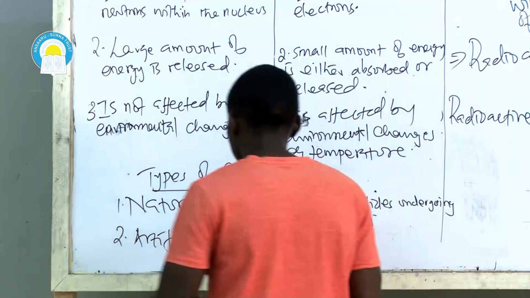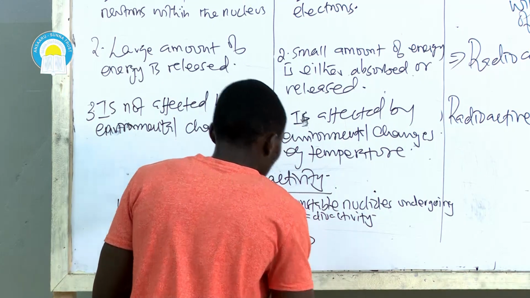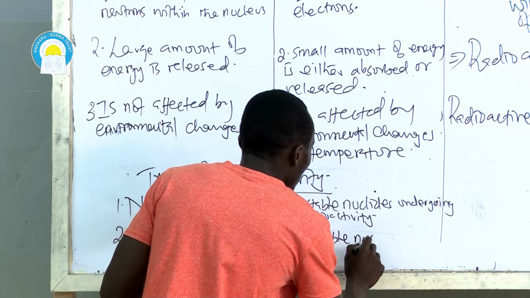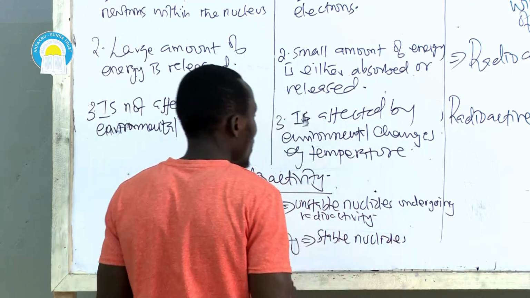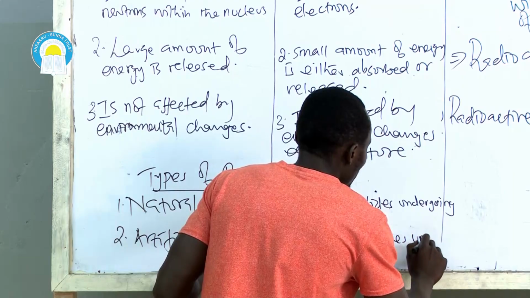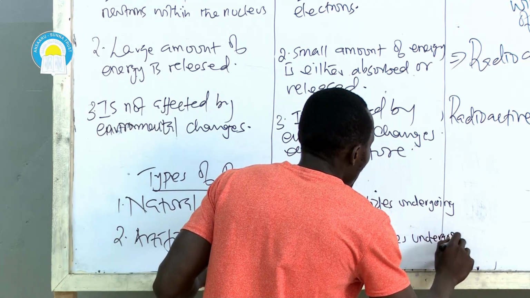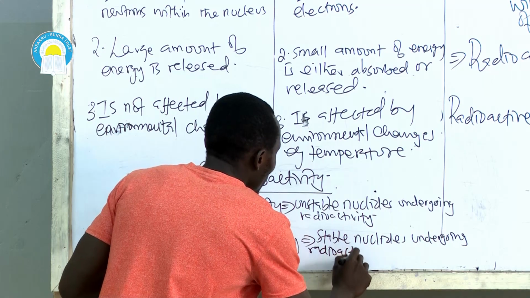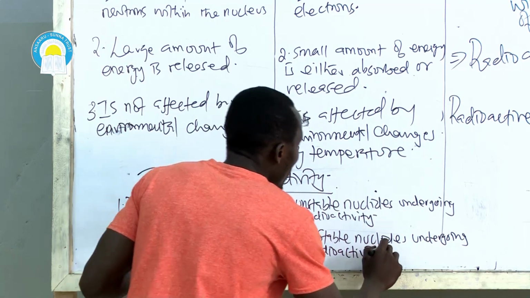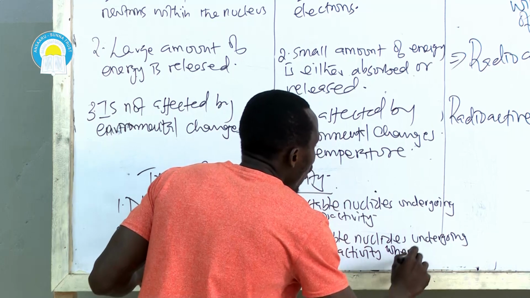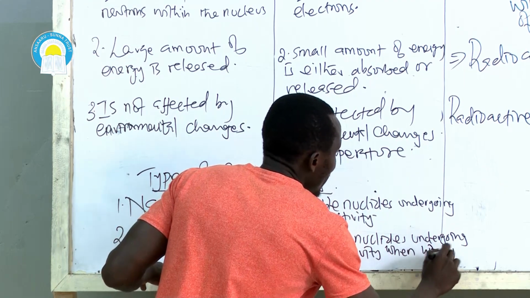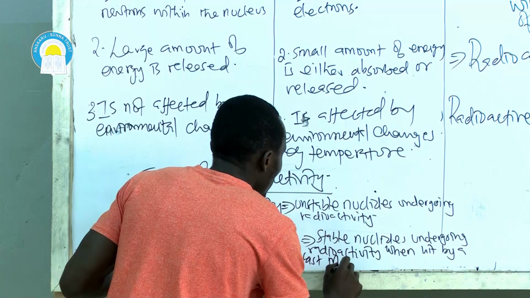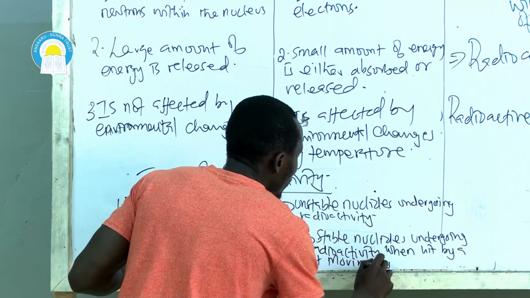But when we talk about artificial, it is stable nuclides undergoing radioactivity when bombarded or hit by a fast moving neutron.